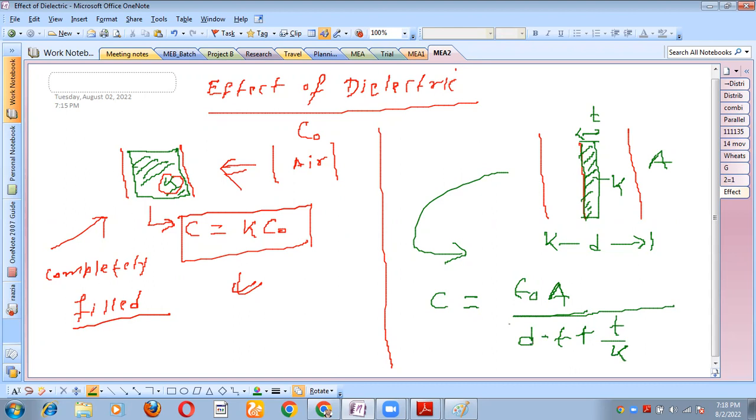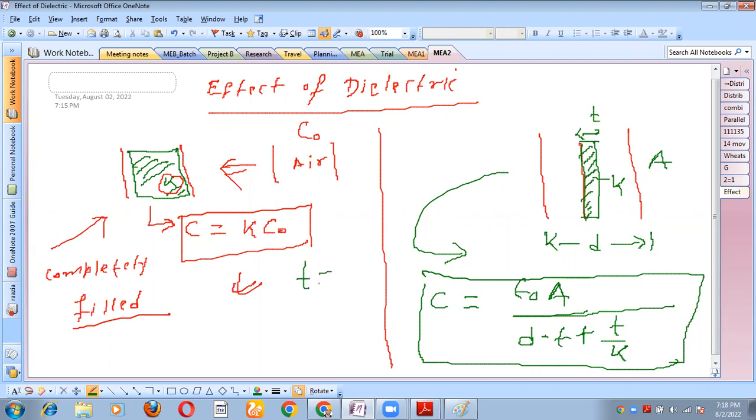If we fill the capacitor with a dielectric of thickness T, in that case, the formula is epsilon naught A by D minus T plus T by K. If T is equal to D, in that case, you will get this. Understood this one? Any doubt?